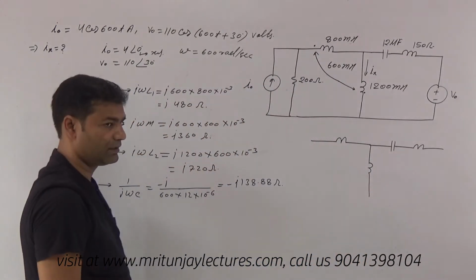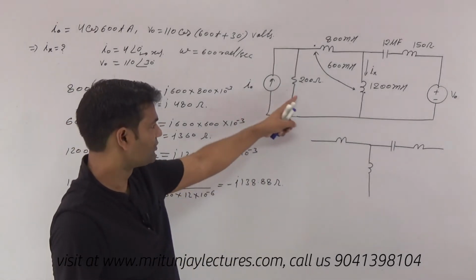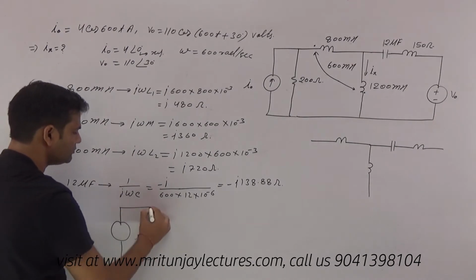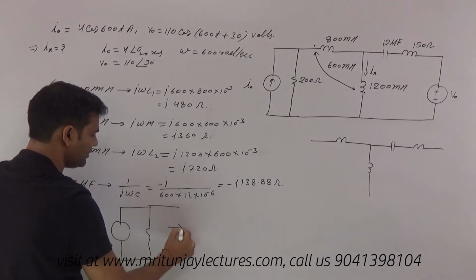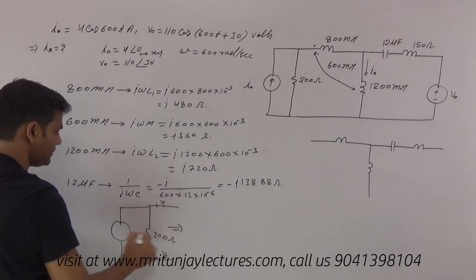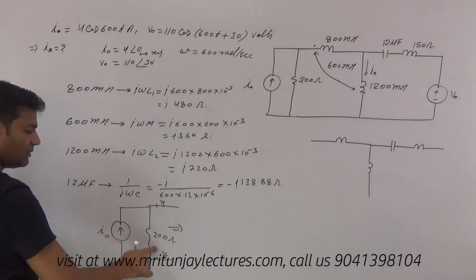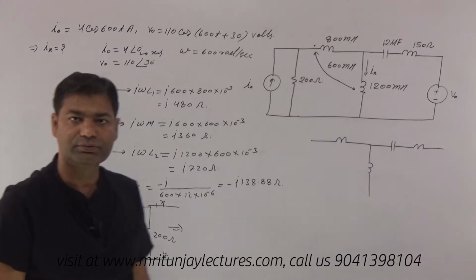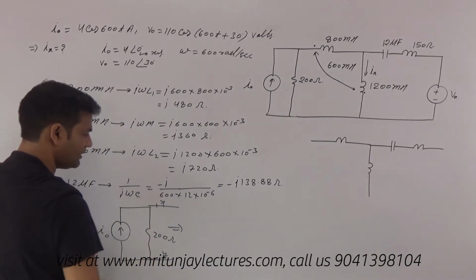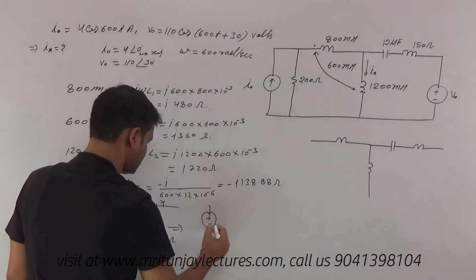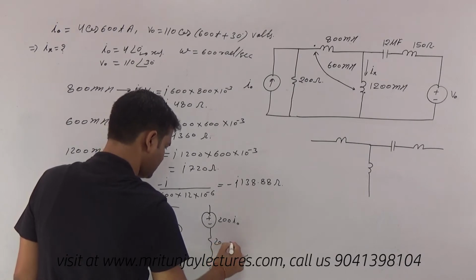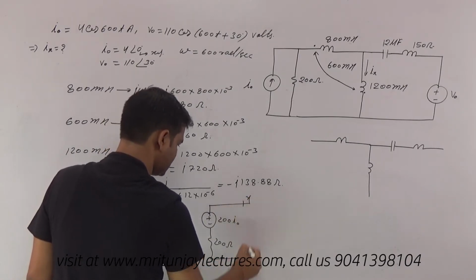Another way, with the help of source transformation: if this is x and this is y, and that is I0, when converted with source transformation, this current source is converted into a voltage form, that is 200 into I0 in volts, in series with 200 ohm, and that is xy.